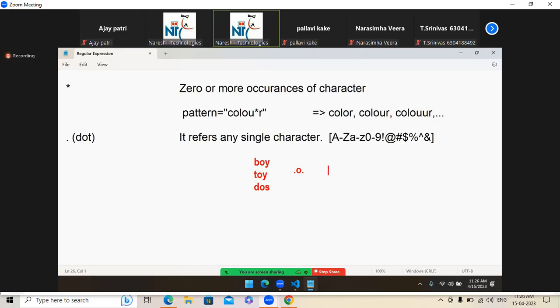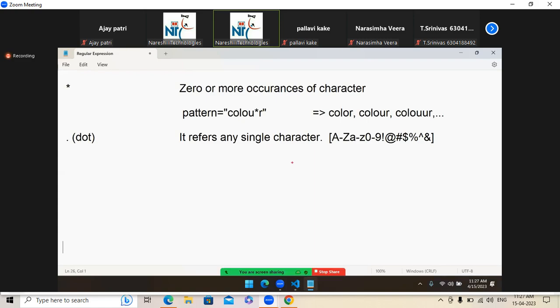It can be like 2O3 also. It is allowed because we are not setting which character, any character. It can be alphabet, number, symbols, anything. So one character you are representing, that indicates dot.